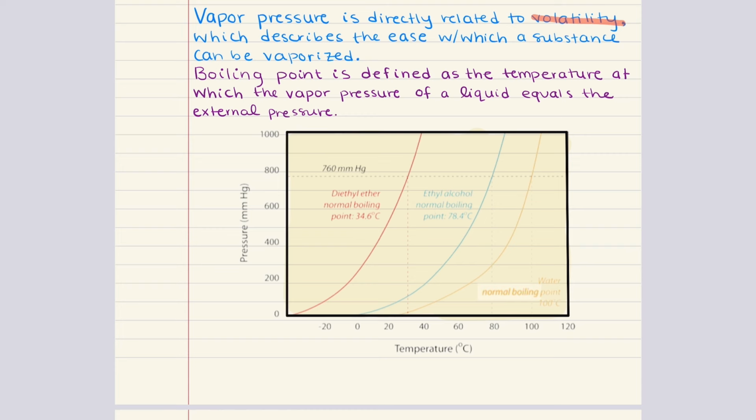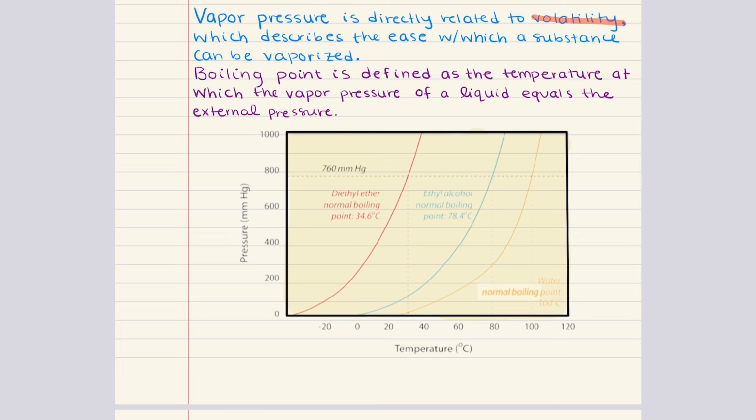Now, the boiling point of a liquid is not a fixed temperature. It varies with external pressure. So at higher altitudes where atmospheric pressure is lower, the boiling point of, say, water decreases, meaning it will boil at a temperature lower than 100 degrees Celsius.